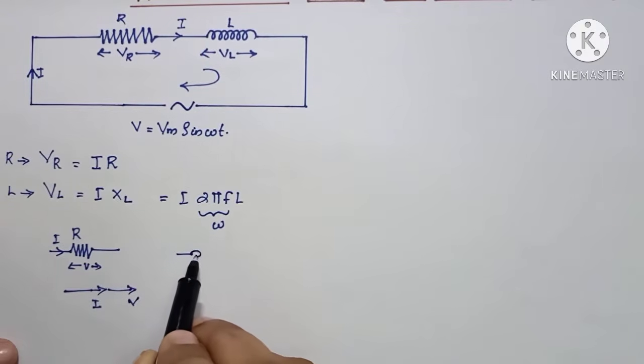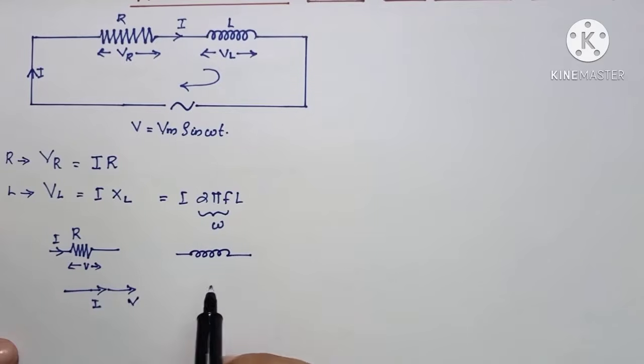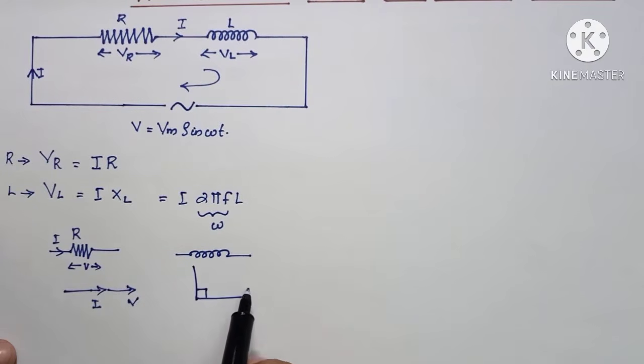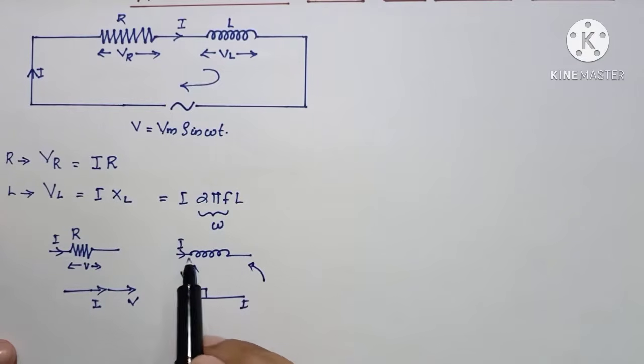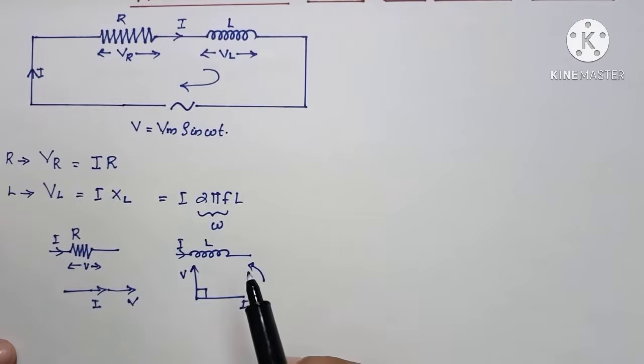And in the case of a pure inductor, what will be the relation between this voltage and current? We know that in a pure inductive circuit, the current lags the applied voltage by an angle of 90 degrees, or we can say that in a pure inductor, voltage will lead current by an angle of 90 degrees.